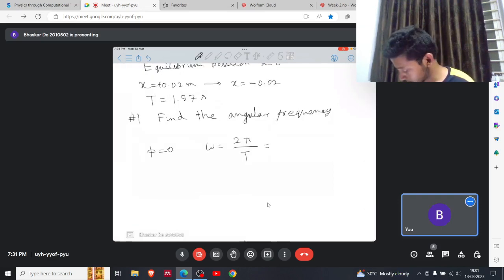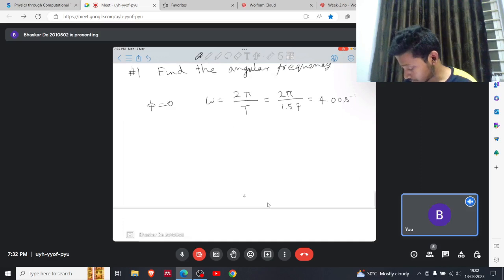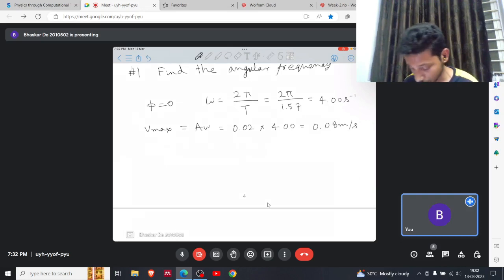So this is 2 pi by 1.57, which is approximately 4 seconds inverse. Now Vmax, which we know is A omega, with A equal to 0.02 multiplied by 4.00, gives 0.08 meter per second.